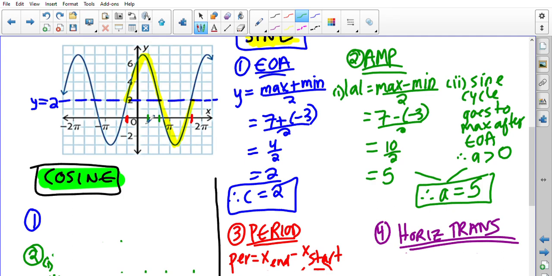So that means 1 square must be pi divided by 3. Right? 3 squares made up pi, so 1 square is pi over 3. So knowing that, the x-coordinate of the start of the cycle is negative pi over 3, because it's just 1 unit to the left. Right? This is pi over 3. This is 2 pi over 3, 3 pi over 3, 4 pi over 3, which means based on counting, this is 5 pi over 3.